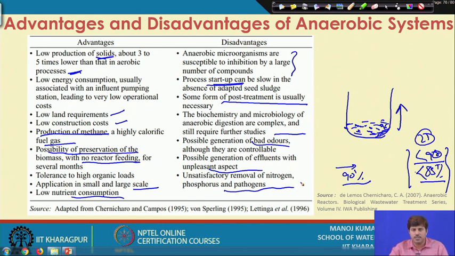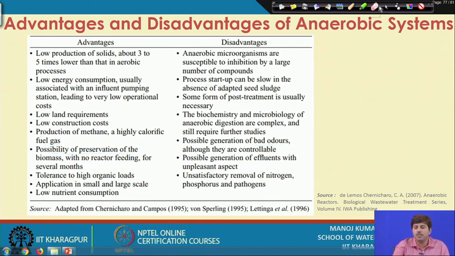So that is another demerit of the anaerobic system. Why is it not achieved? Since the growth is slow, the nutritional requirement is low, so nutrient uptake is also slow. Enough nutrient is not taken up by the anaerobic systems, and that leads to not significant or not satisfactory removal of these nutrients.